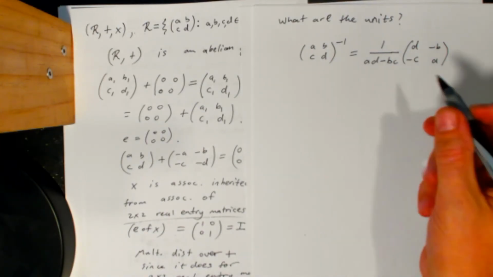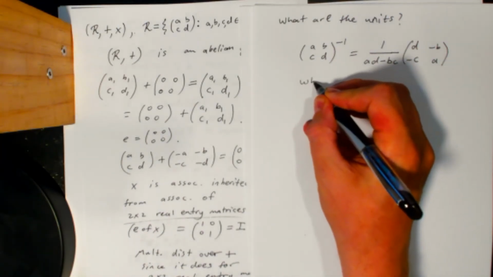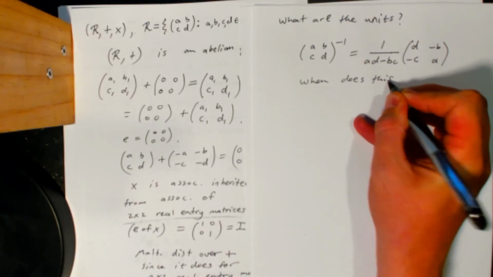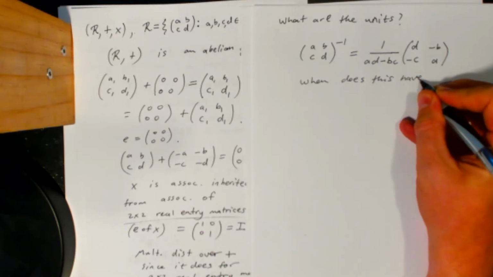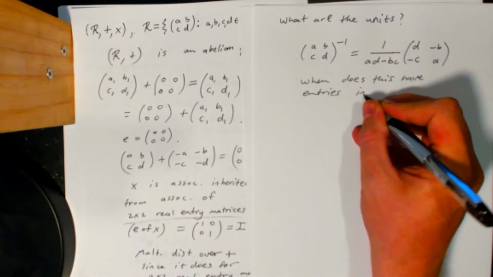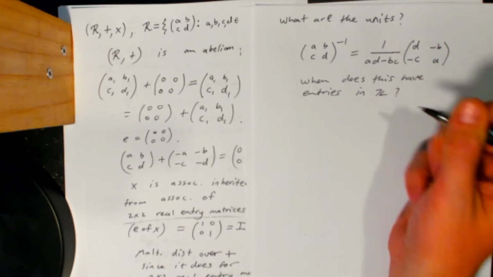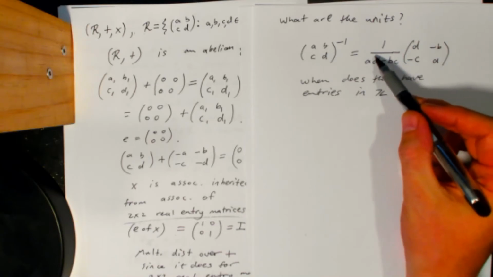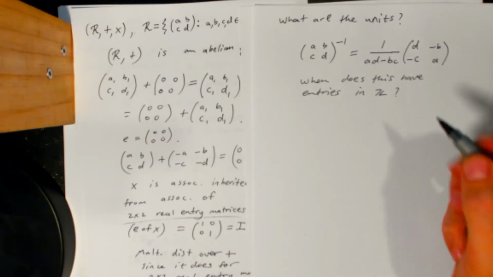Okay, but now the question is, when does this have entries in integers? Right, and also you need this here to be non-zero, right?